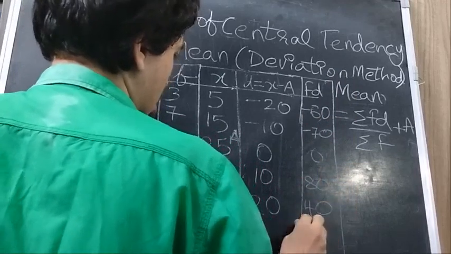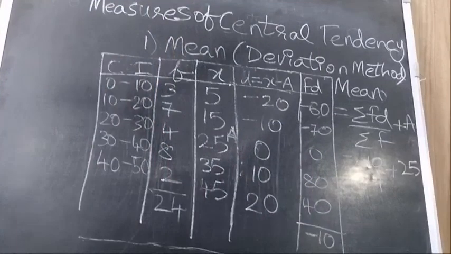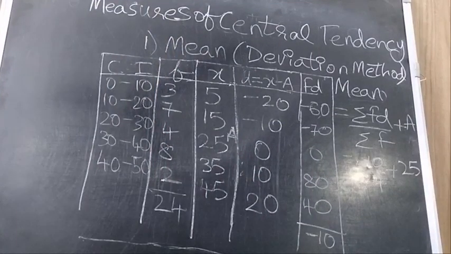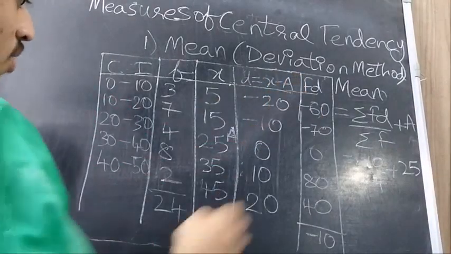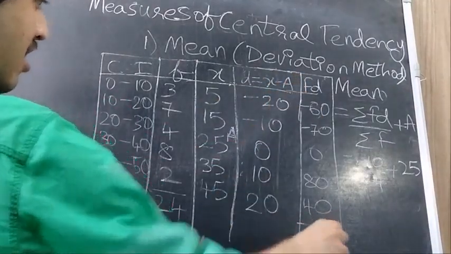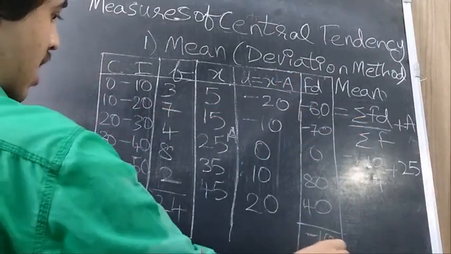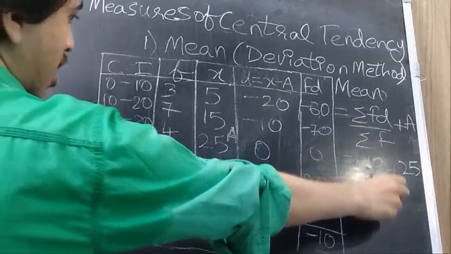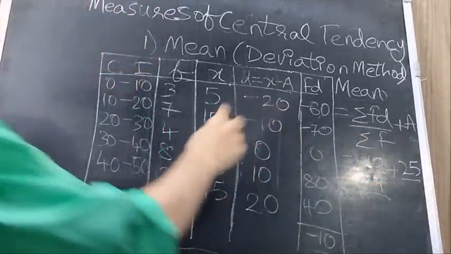Now add all the numbers. Minus 130 and 120, we have got the value as minus 10. Substitute in this formula: sigma fd means minus 10, sigma f means 24, and plus a, the assumed value, is 25.